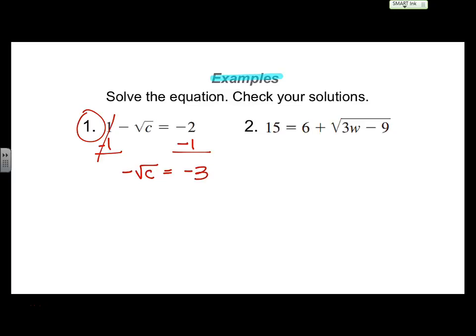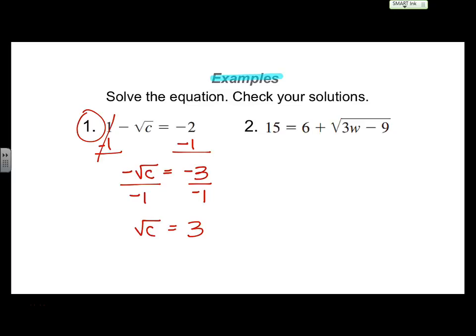Now the square root's not alone yet. How do I get rid of what's left? There's a negative. So I need to multiply or divide by a negative. There's no flipping, I just have an equals. Now I get square root of c equals 3. Negative 2 minus 1 is negative 3.